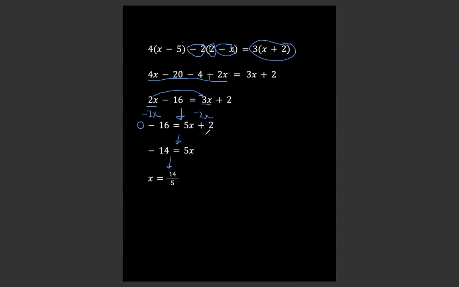The next mistake is a similar mistake. To subtract the 2 from this side, you must subtract 2 from -16. But when this happens, it must become -18. Now, I know this is difficult because the number is going upwards.